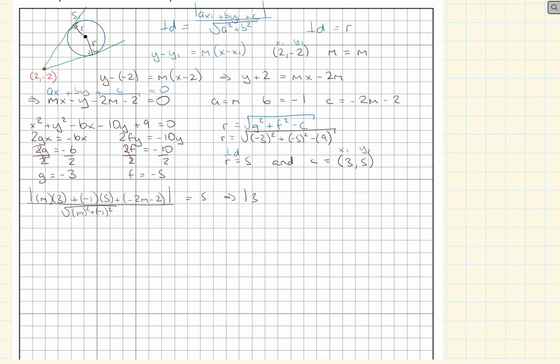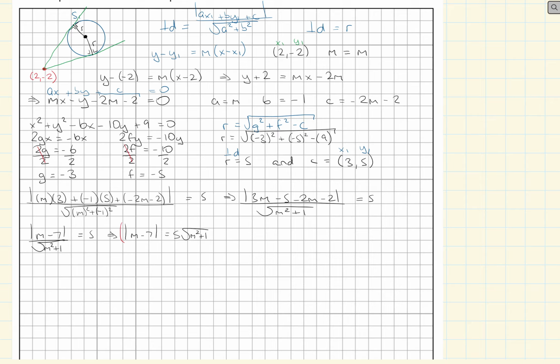Tidy up our top line, we have 3m minus 5 minus 2m minus 2 all over root m squared plus 1 will equal 5. Again, tidy up your top line. You get m minus 7 all over root m squared plus 1 equals 5. Cross multiply to get rid of the fraction. So that's 5 by root m squared plus 1.